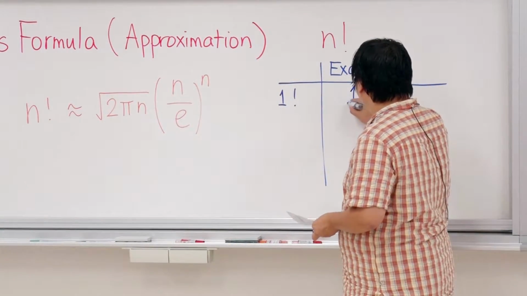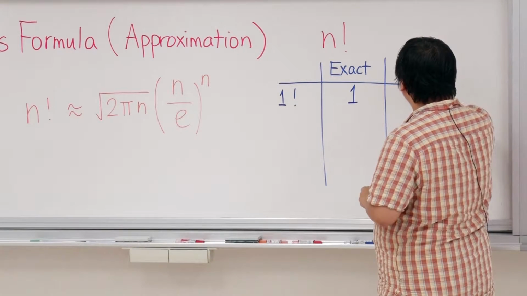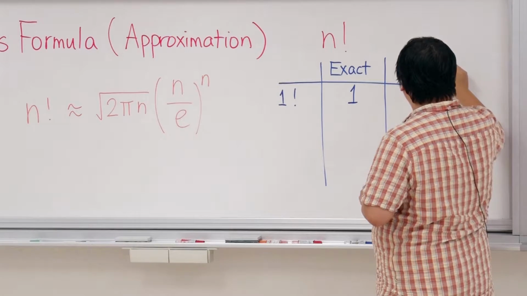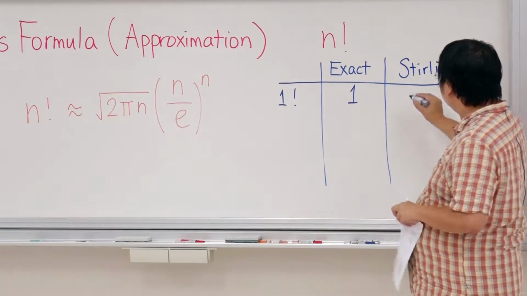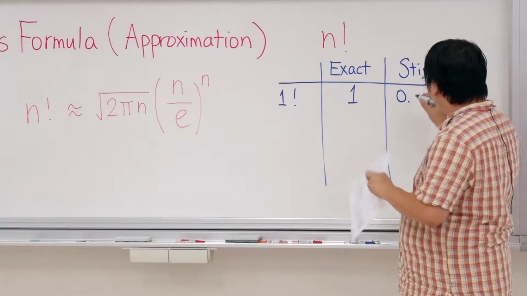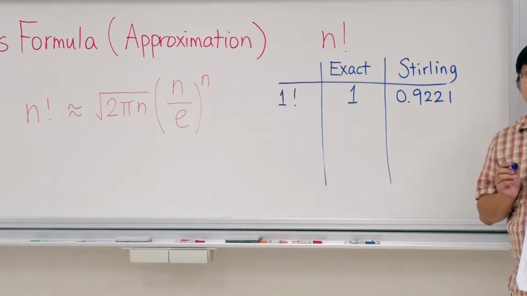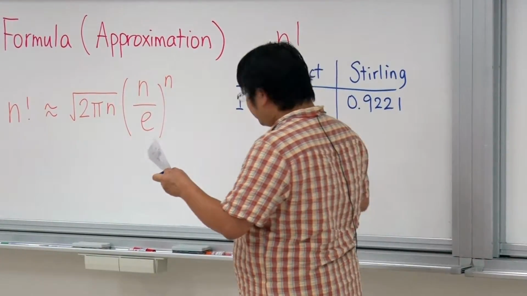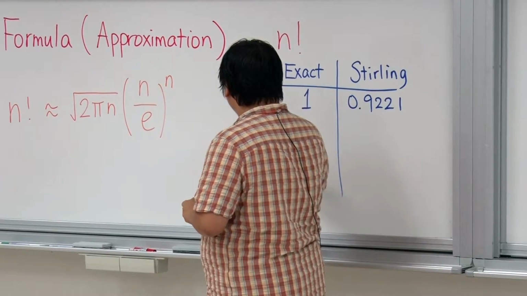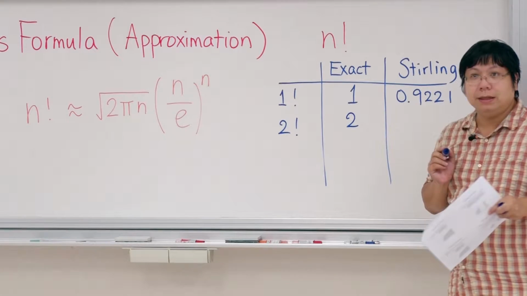Good. And then using Stirling's formula, we get 0.9221. We can use a calculator to calculate this. If we look at 2 factorial, the value is 2, right?